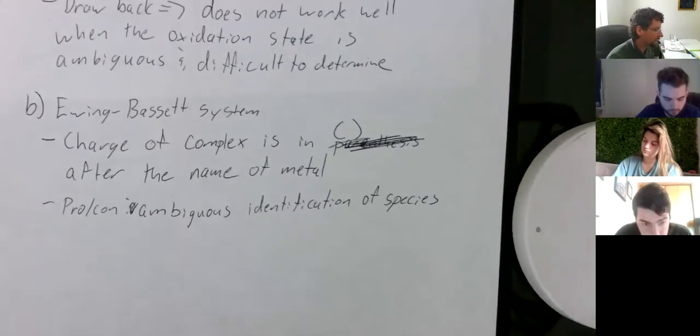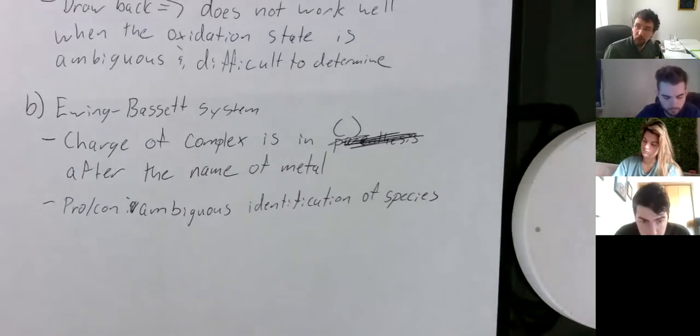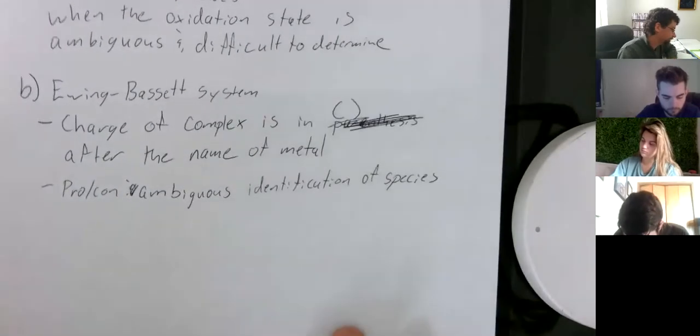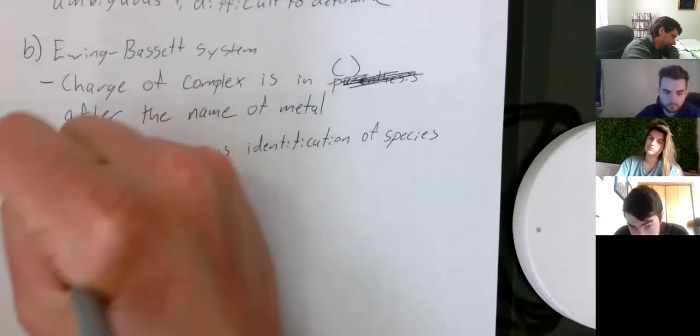Okay, so let's look at an example. Let's name this with both of the systems. We'll first do the Stock system, then we'll do the EB system. So example.